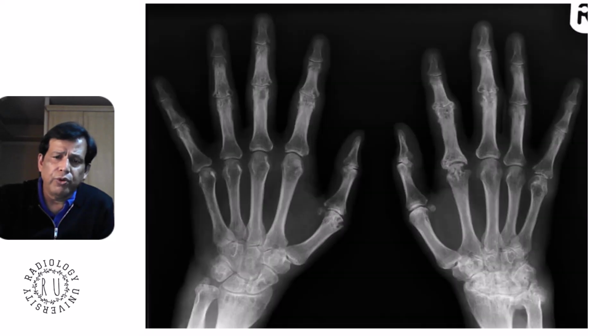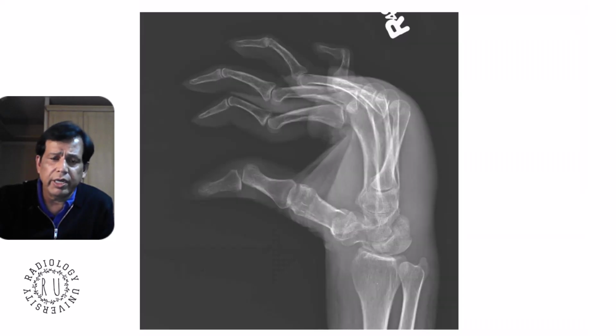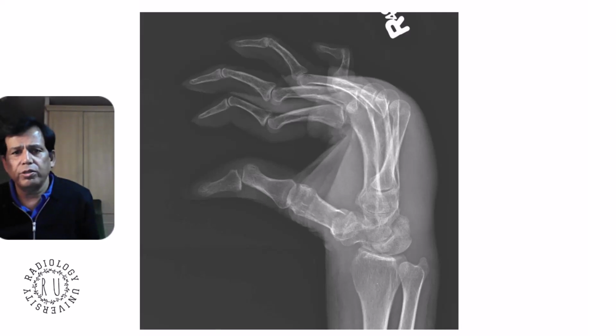If you look at these other cases, again there's slender bone osteopenia, and there's a deformity in this. Have you seen the deformity? This is flexion at the MCP, extension at the proximal interphalangeal, and again flexion. The joints are not as such involved; it's mainly the deformity in this one.